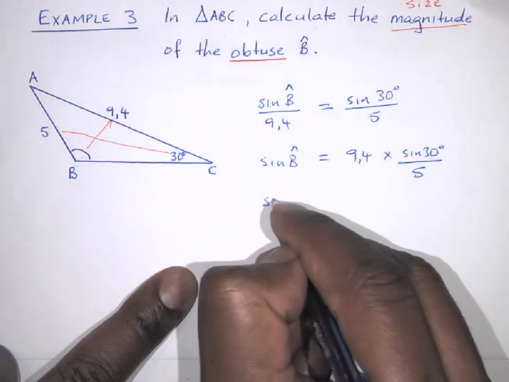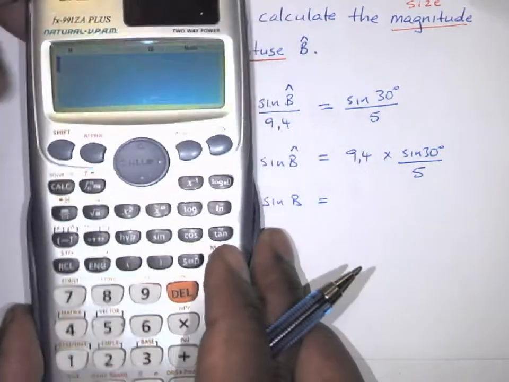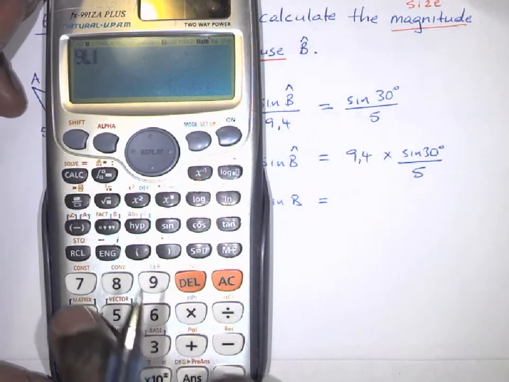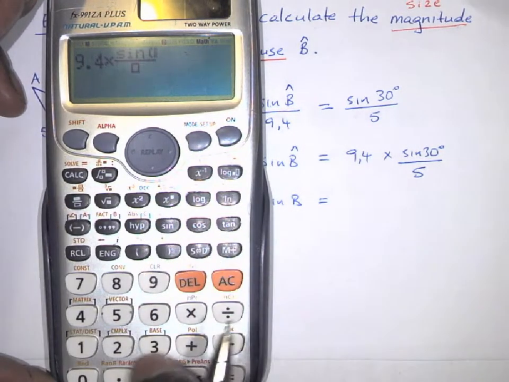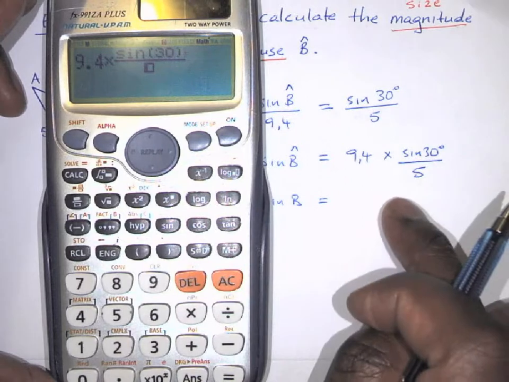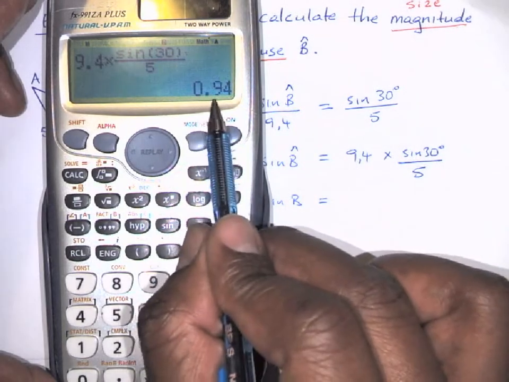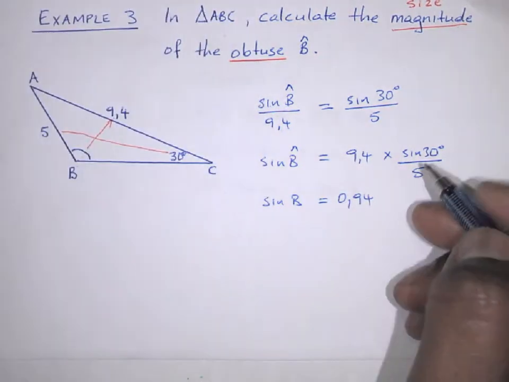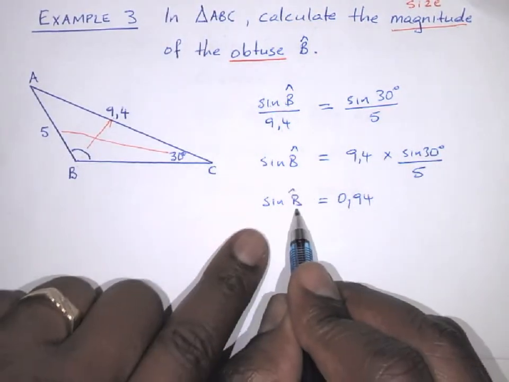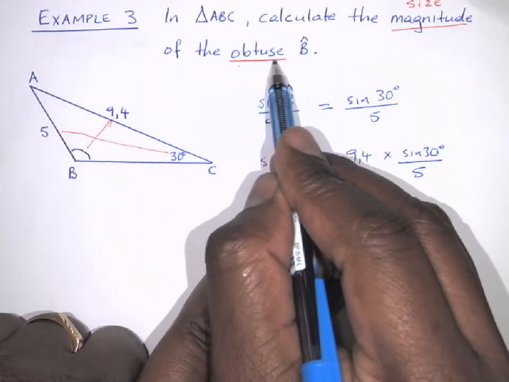Therefore, sine of angle B is equal to, taking my calculator, I have 9.4, which is multiplying the fraction of sine of 30 degrees, which is divided by 5, and I get an answer of 0.94. That's an answer, but I'm looking for the size of angle B. Now note that angle B must be an obtuse angle.